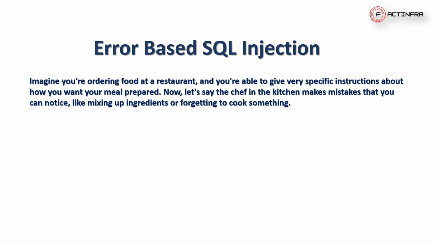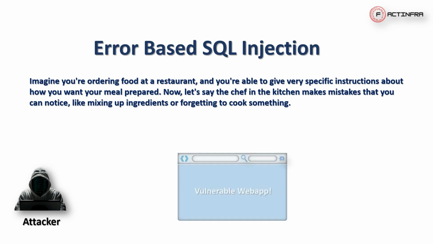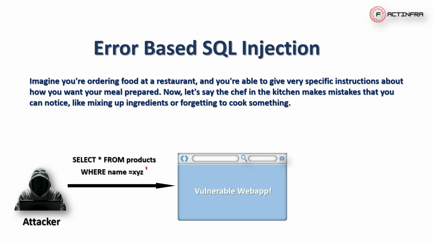Now I'm giving you the technical scenario. Again you can see the attacker, and this attacker injects a malicious SQL query into a vulnerable web application, and the query is: select star from products where name equal to xyz, and a single quote. Here the single quote is the main thing.